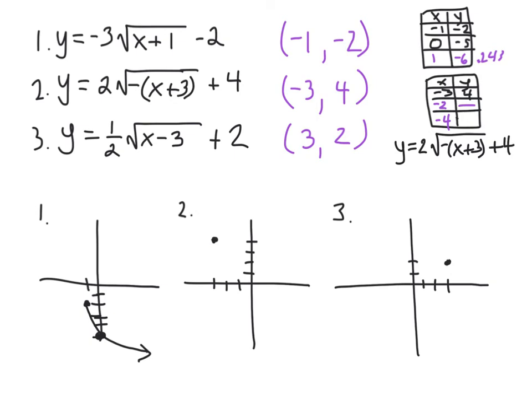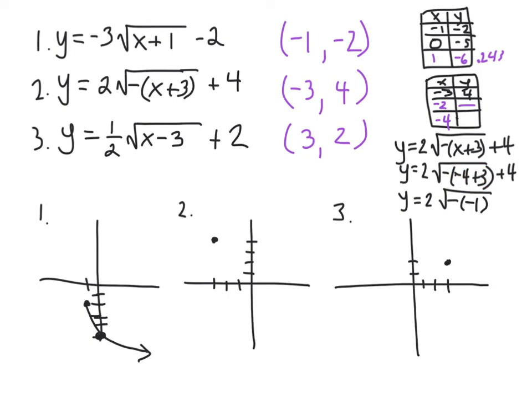So that's the equation we're working with. And we're going to put a -4 in. So y equals 2 times the square root of negative -4 plus 3, plus 4. And if we simplify this a little bit more, y equals 2 times the square root of negative, and then -4 plus 3. This is what I was just talking about. That will give us -1.